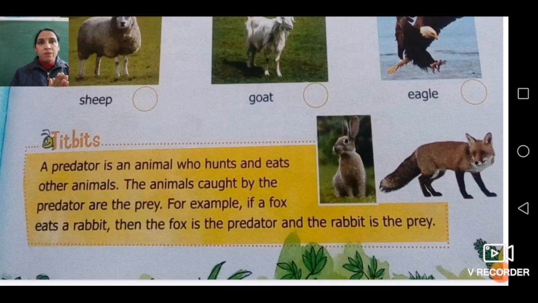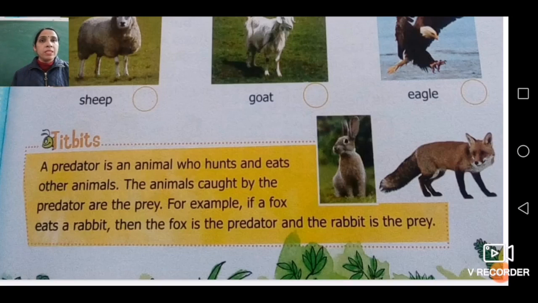Where do they live? And then we have done a division of animals on their food habits. So children, these two chapters are very important. How we categorize is an important thing that you all will remember. And these two chapters you are going to do simultaneously. You will do them together.